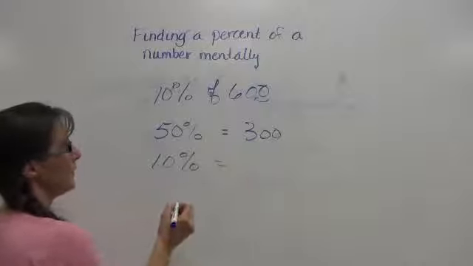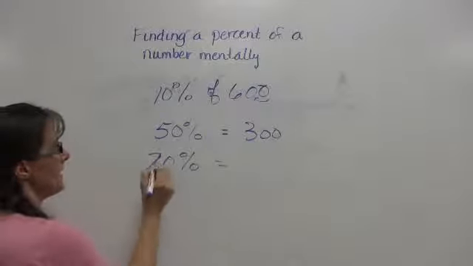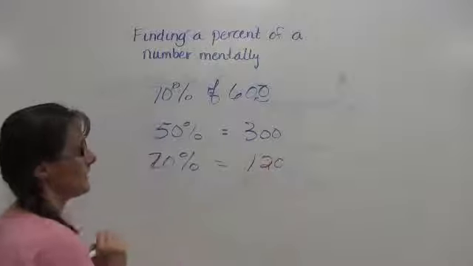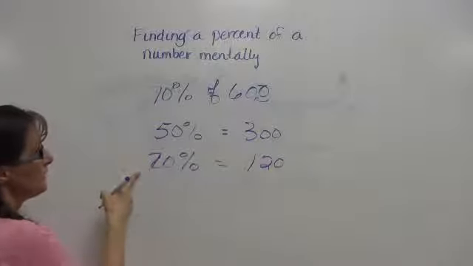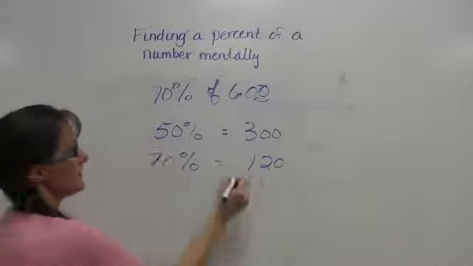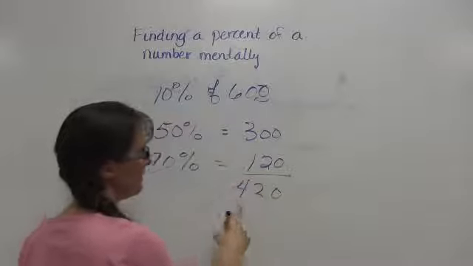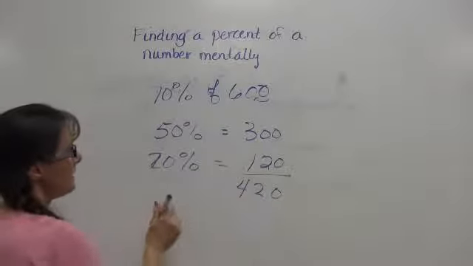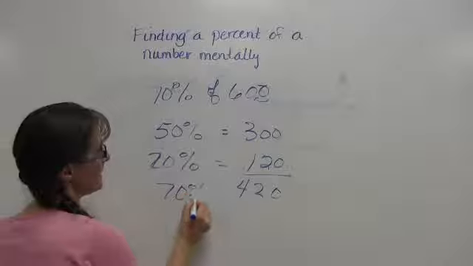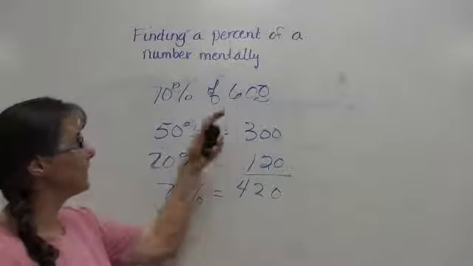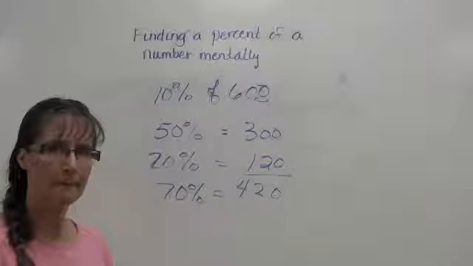Another 10% would be 20%, so I could double that. That would be 120. 50% and 20% would be the 70%. So if I add these numbers together, that's going to give me 420. 70% is equal to 420 out of 600.